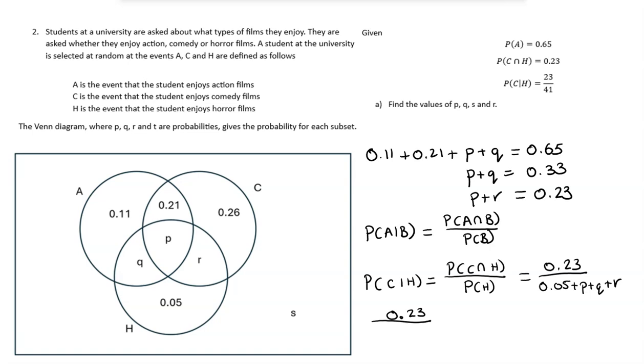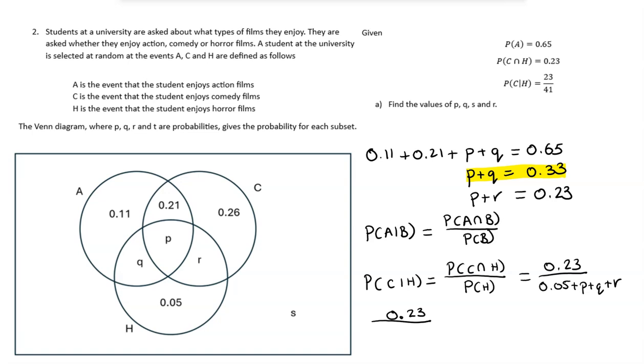However, I know that P plus Q is 0.33, and alternatively, I know that P plus R is 0.23. So I'm going to replace the P plus Q with 0.33, using this piece of information.